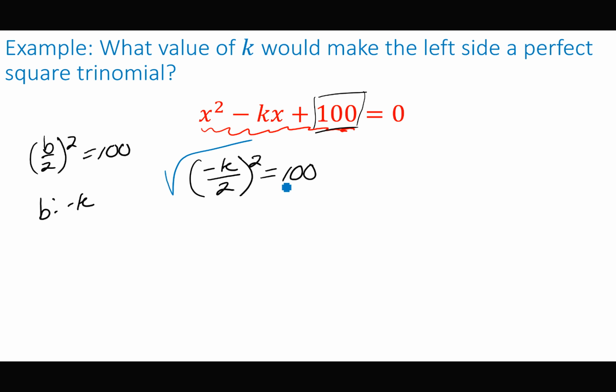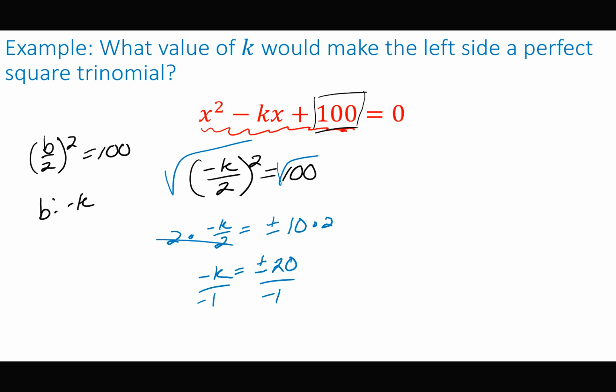So if I square root both sides, I end up with negative k over 2 equals plus or minus 10. Multiply both sides by 2 to clear my fraction. So I end up with negative k equals plus or minus 20. I could divide by negative 1.